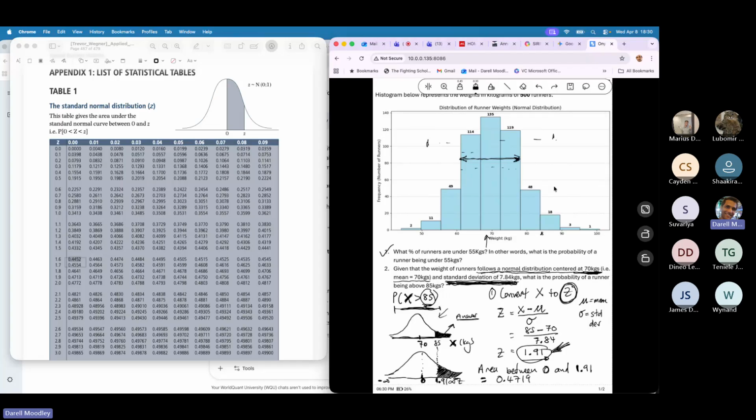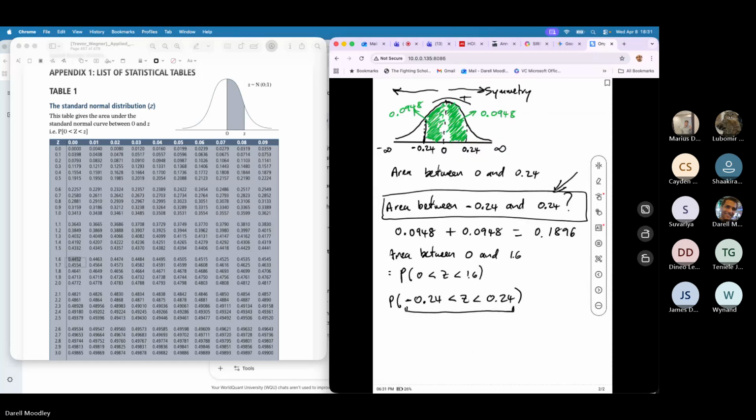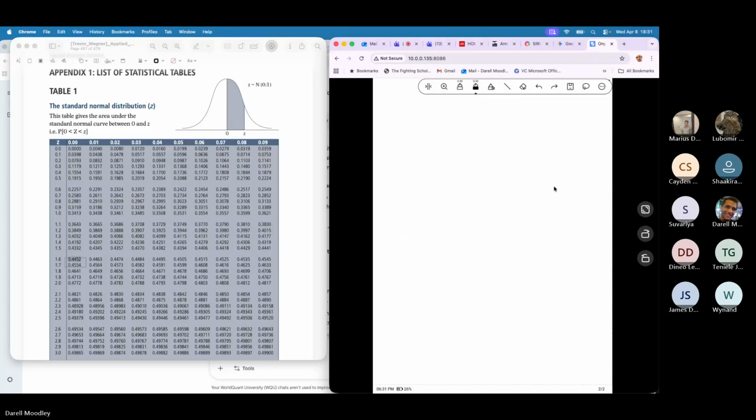I'm going to move to the next page, so there's some space to explain this concept here, and I'll resketch everything we did. I'm going to clear this. All right, so let's sketch that curve again.